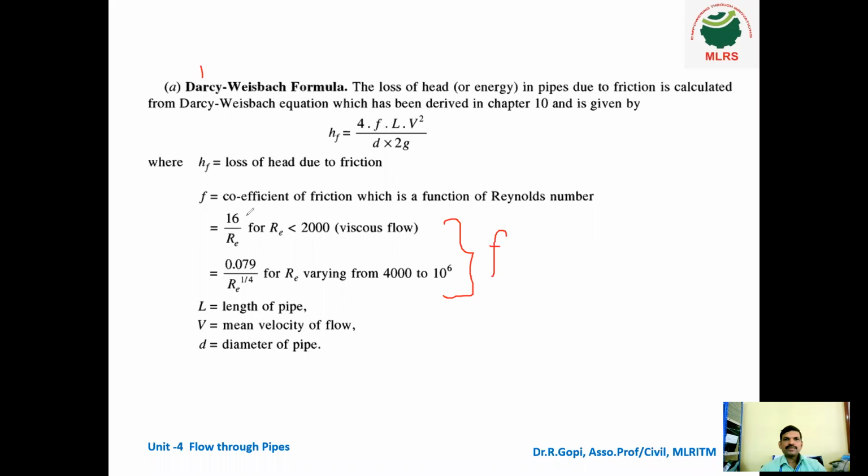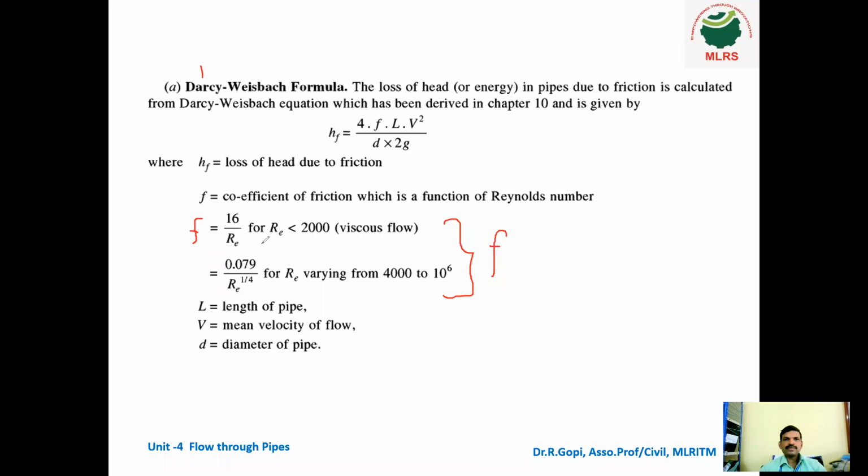This f is based on the Reynolds number only. If the Reynolds number is less than 2000, that means laminar flow, we have to use f is equal to 16 divided by Re, 16 divided by the Reynolds number.